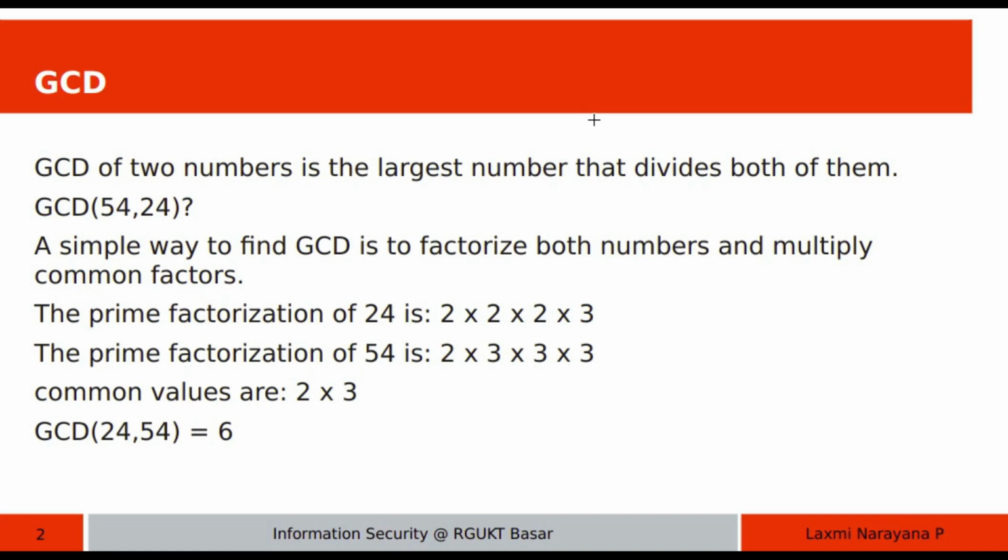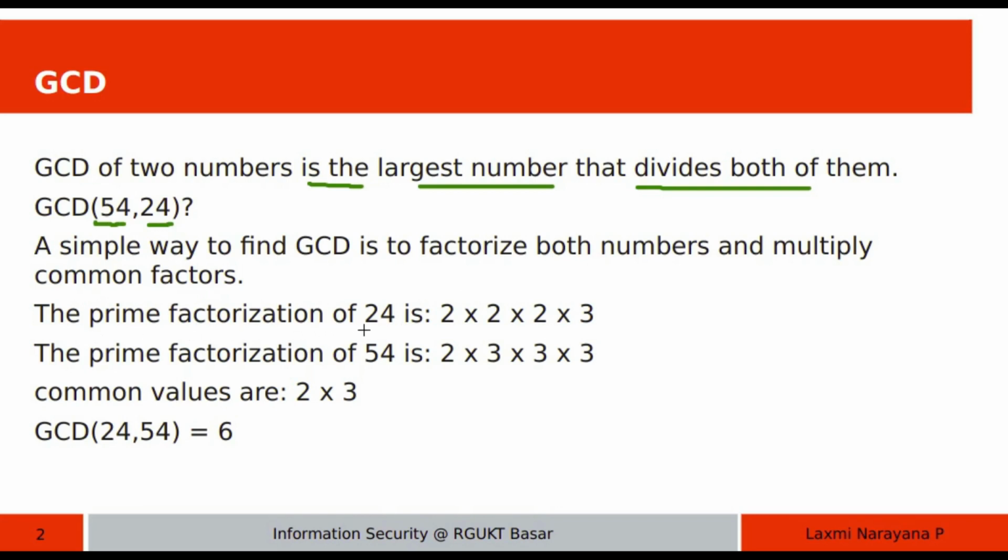Let's see the RSA encryption algorithm. Before getting into details of the RSA algorithm, let's discuss concepts used in the RSA algorithm. One is GCD. The greatest common divisor of two numbers is the largest number that divides both of them. For example, if you want to find the GCD of 54 and 24, one of the easiest ways is to factorize these two numbers.